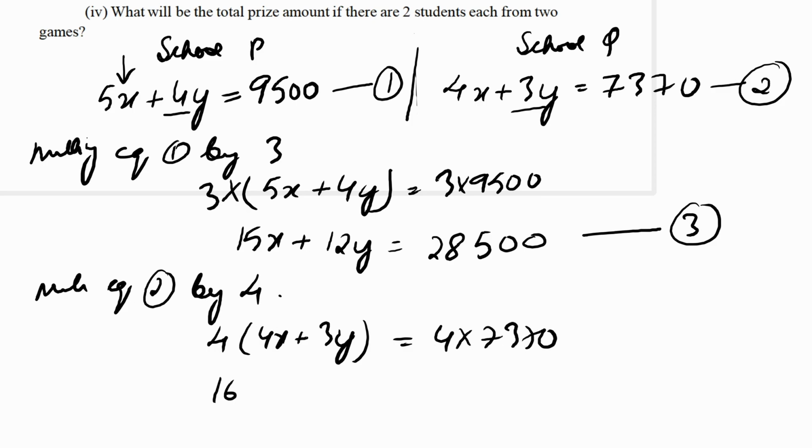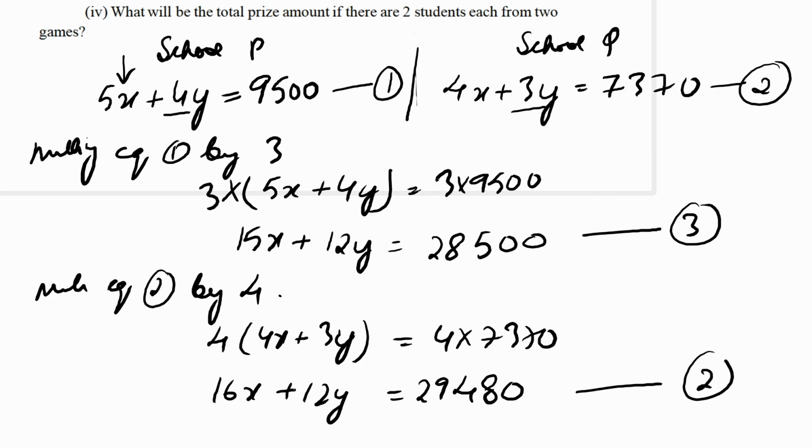So this becomes 16x plus 12y is equal to, when I multiply 7370, 7 4s are 28, 4 3s are 12, 29,480. Okay. Then what we will do? Sorry, this is not equation number 3. This will be equation number 4.